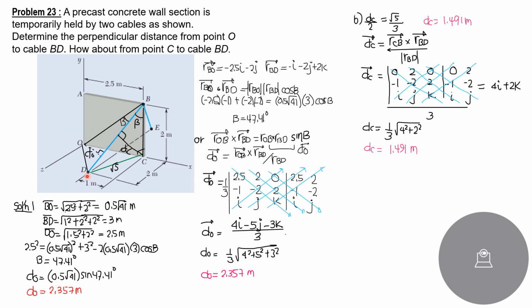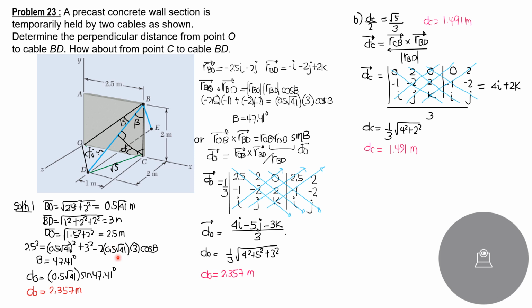Finally, DO is equal to, it is just moving backward by 2 and leftward by 1.5 meters, where 1.5 meters is 2.5 minus 1. So square root of 1.5 square plus 2 square, 2.5 meters.